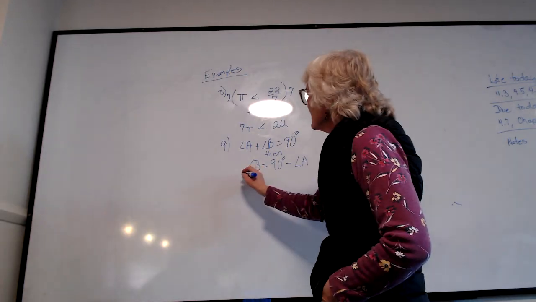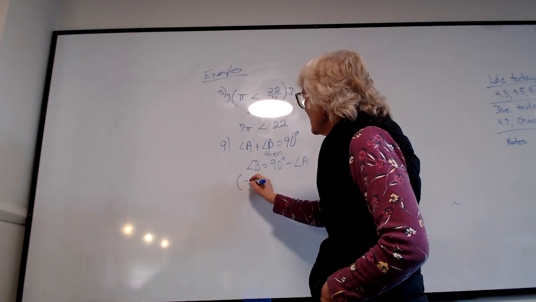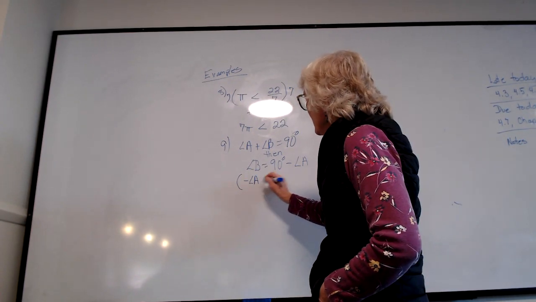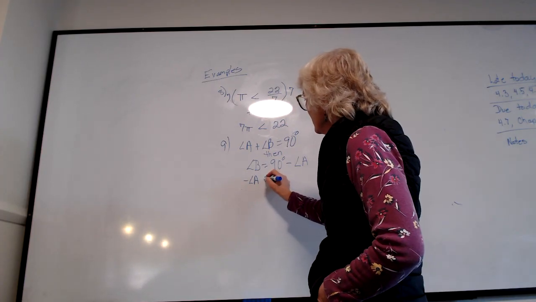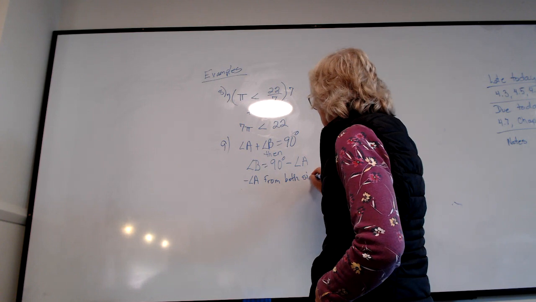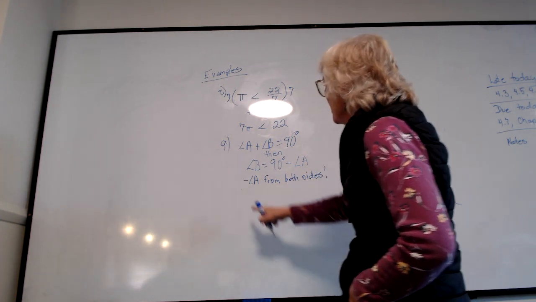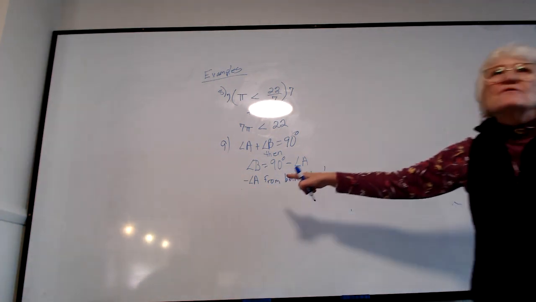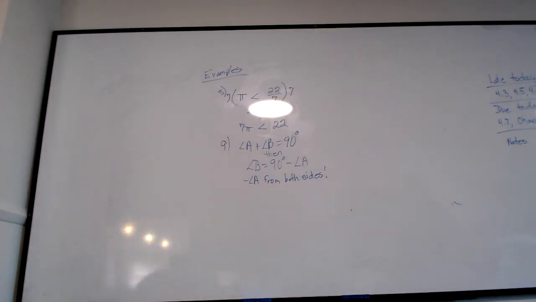So the reason this is true is because I subtracted angle A from both sides. That's the subtraction property, but I don't care. Just tell me you subtracted A from both sides. They stay the same because I subtracted the same number from both sides.